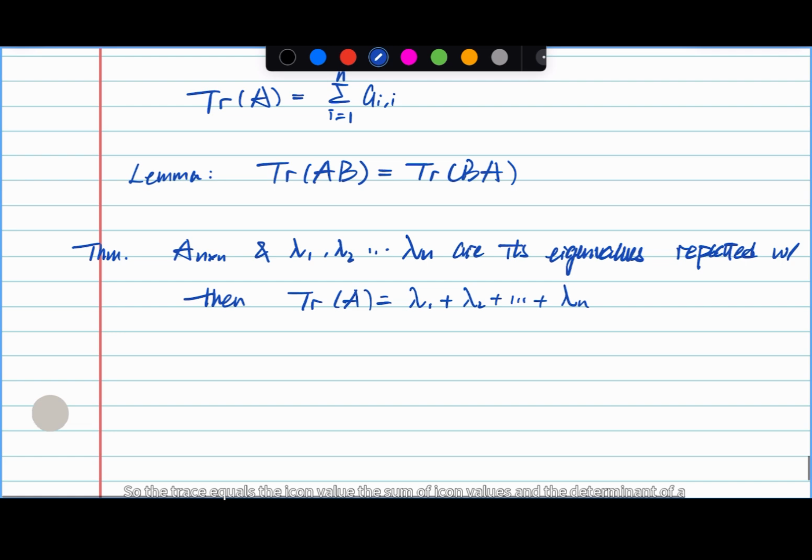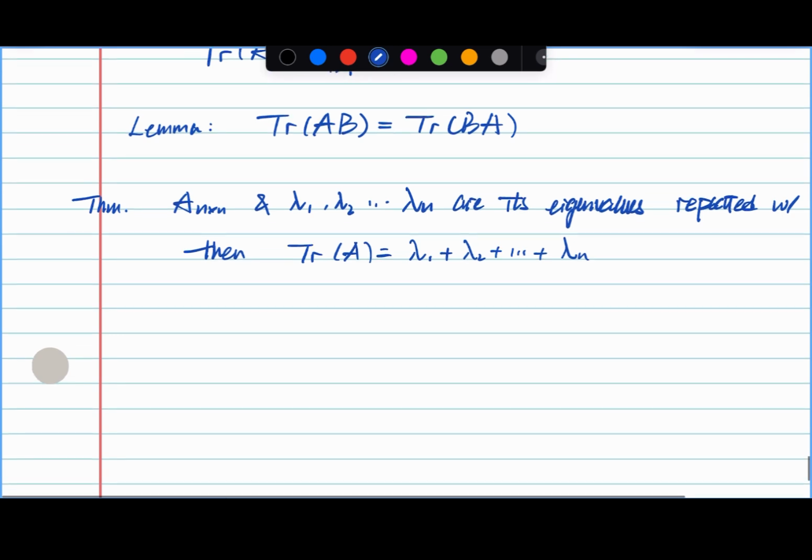So the trace equals the sum of the eigenvalues, and the determinant of A equals the product of all the eigenvalues, lambda 1 all the way to lambda n. This is the sum of lambda i, and this is the product of lambda i.